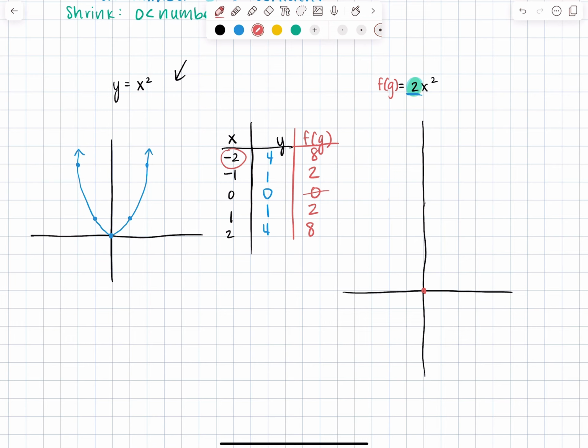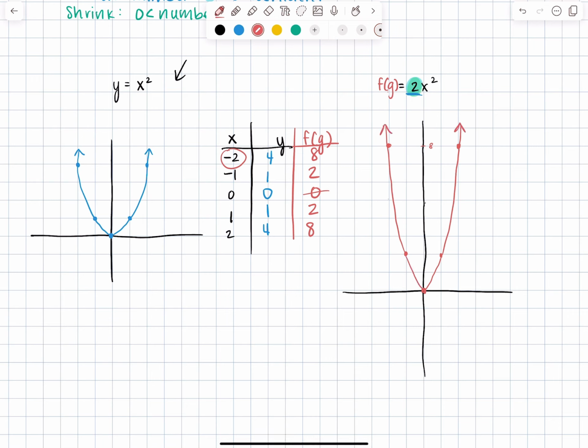So -2, 1, 2, 3, 4, 5, 6, 7, 8. So 8 is right over here. Then we have -1, 2. And then we have 0, 0, and then 1, 2. And then finally we have 2, 8. So the graph is stretched here. So you're stretching it by a factor of 2.